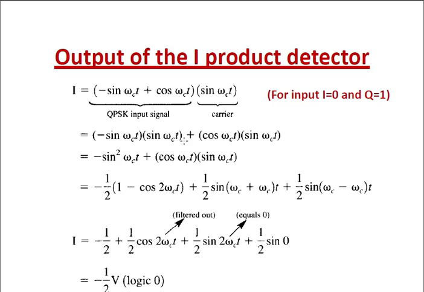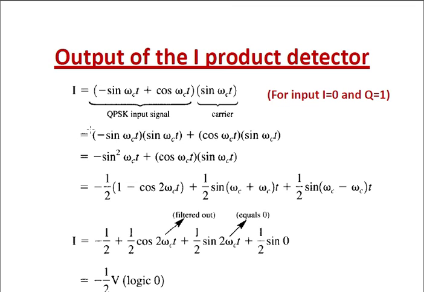This is the operation of the QPSK receiver. Then the output of the product detector, what we do here, see. I is equal to minus sin omega ct plus cos omega ct into sin omega ct, for the input I equal to 0 and Q equal to 1. This is the QPSK input signal and this is the carrier.